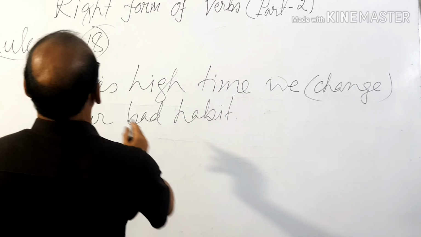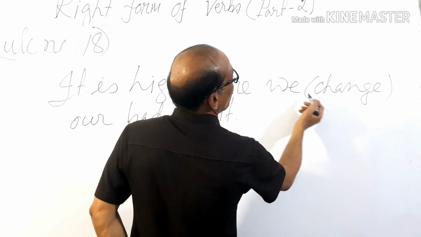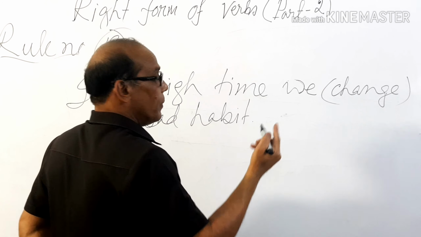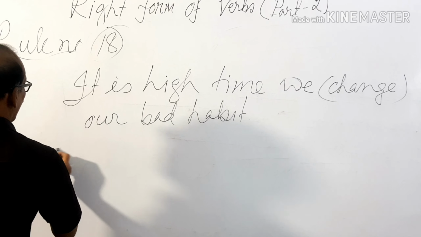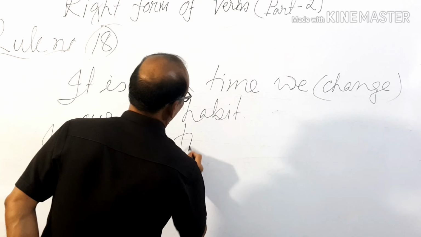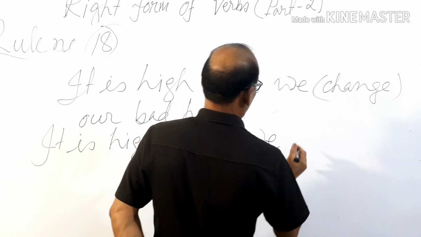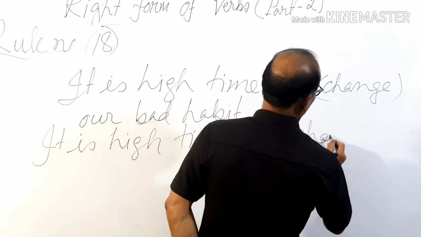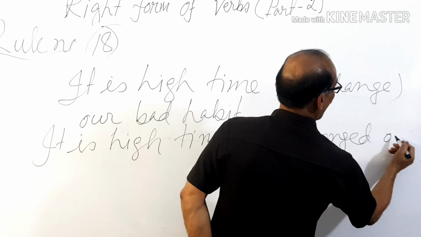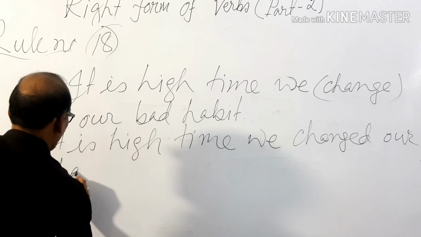So you see, it is high time, and after that there is subject we, and there is verb, and that verb will be in the past form. That means it is high time. It is high time we changed our bad habit.